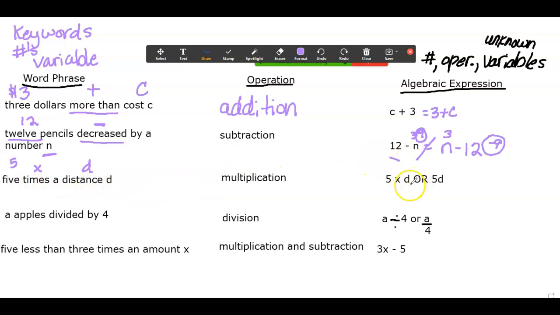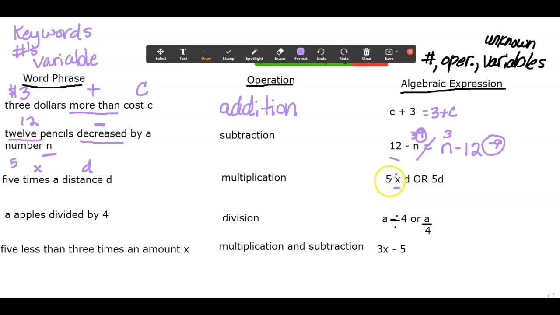Now, there's something that I need to stop here and explain to you. In algebra, one of the things that we try to do is not use the x as the multiplication symbol. Because if I'm using x as my variable and I'm using it as the multiplication symbol, it can get very tricky.